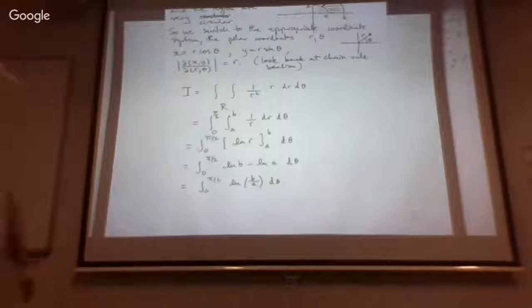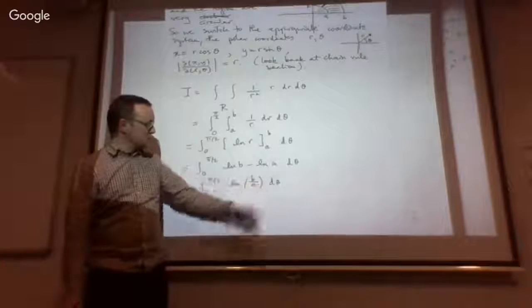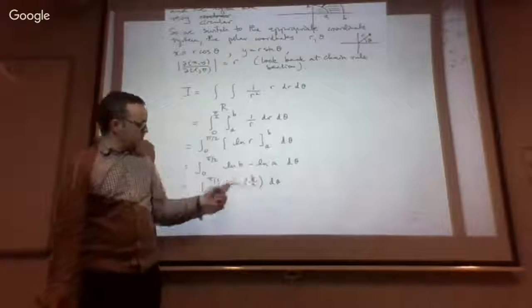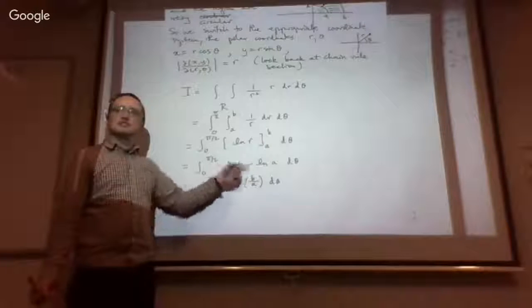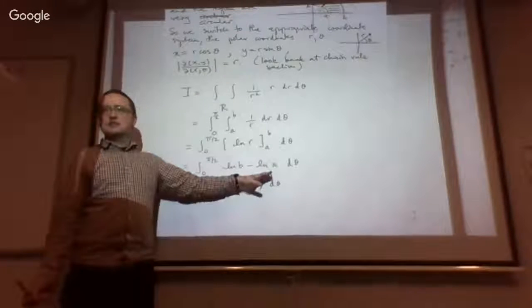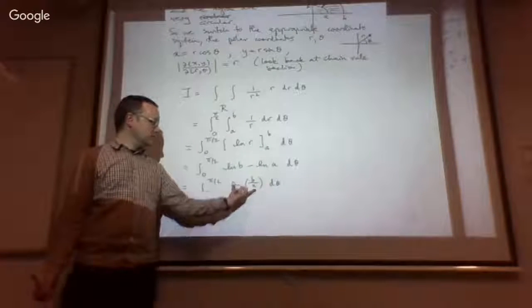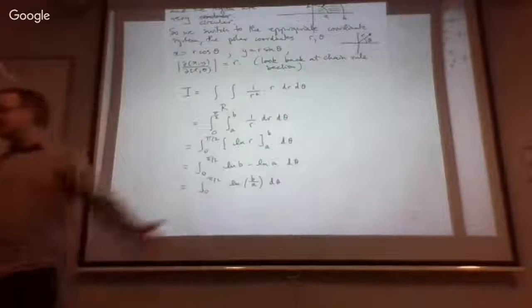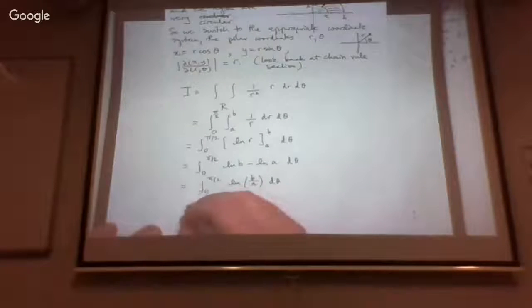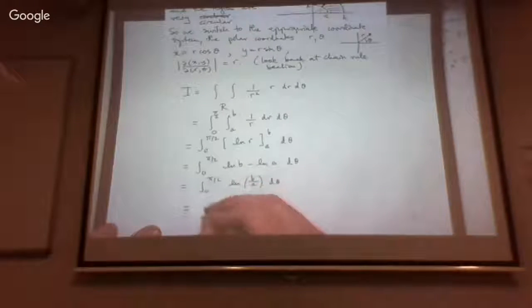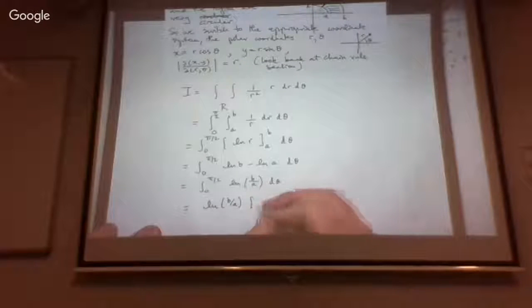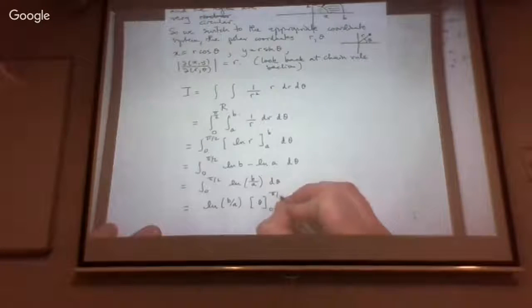So now we want to integrate this with respect to theta, but okay, this looks a bit hairy, but there's no thetas in it. It's just a constant with regard to the theta variable. So you're just integrating a constant d theta. So the constant can come outside if you like. And you just get the value theta from integrating 1, and you're evaluating that at 0 and pi over 2.